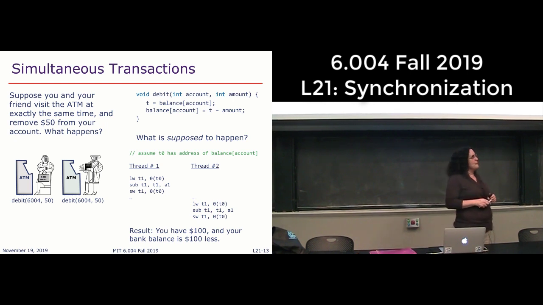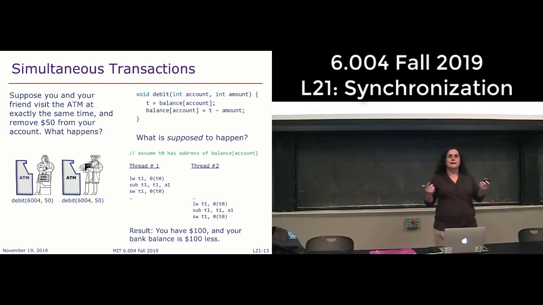Now thread 2 would come along and read the value of the account, and it sees that there's $950. It takes 50 out and ends up with $900. Everything looks good. We took out a total of $100, and my account balance went down by $100.